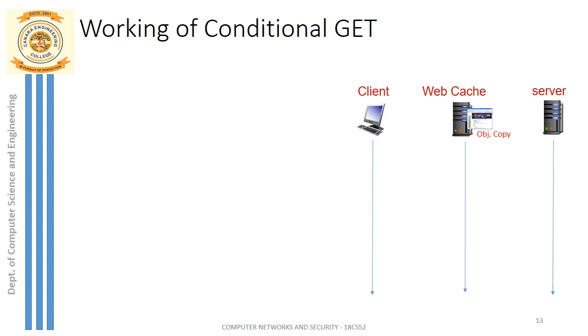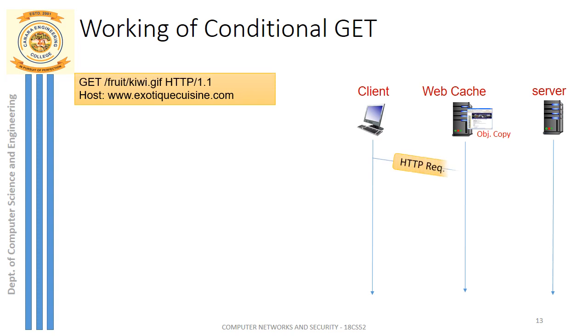Whenever the client requests the same object, now the web cache will look into its storage to see whether the requested object is already present in the web cache or not. Even though it has the copy, it has to check whether the content in the web cache is up to date or not.